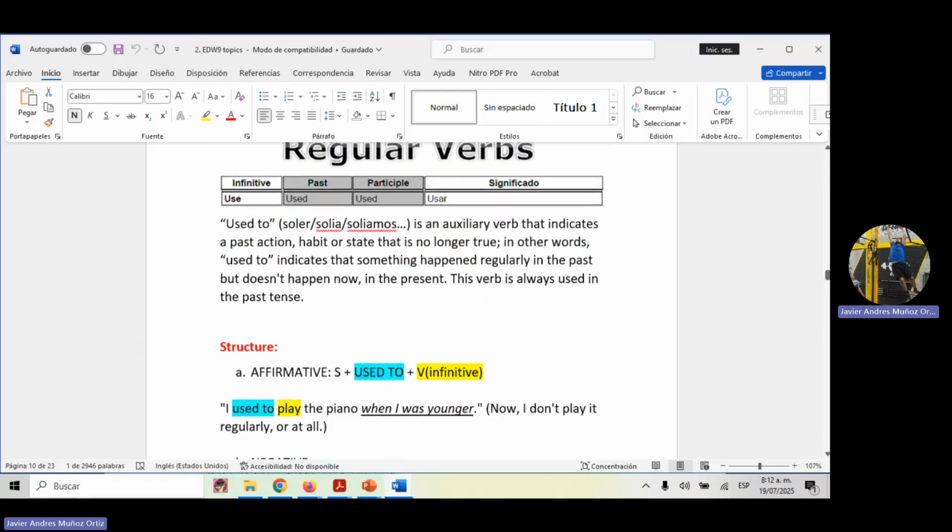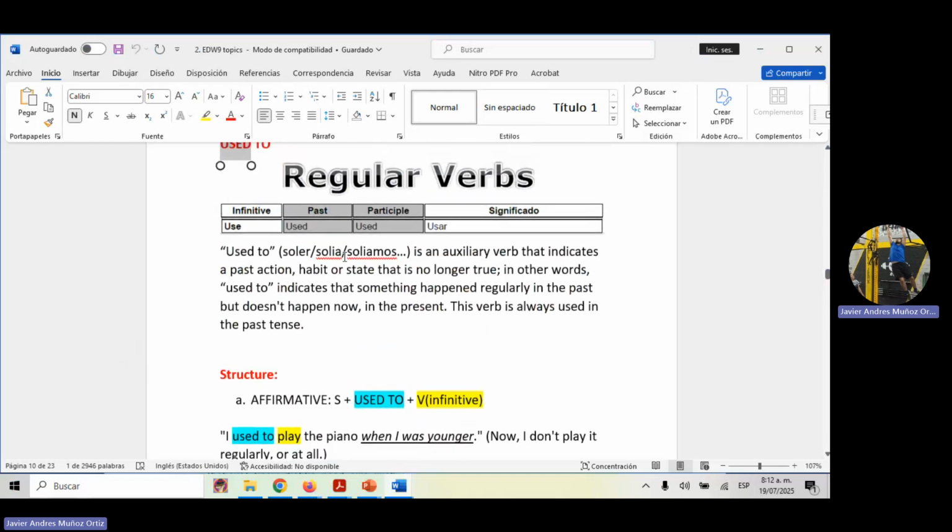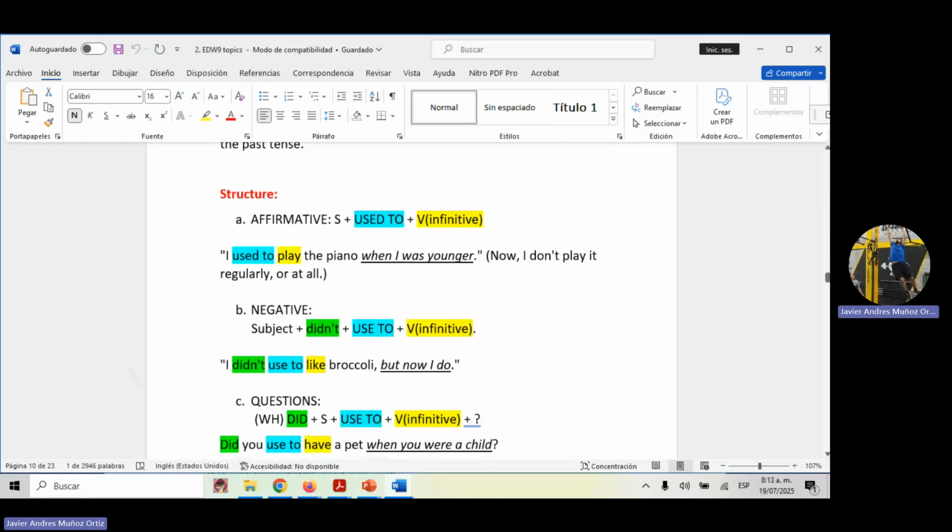But according to the translation we mentioned before, solía, solíamos, solían, we are going to need another verb, because we cannot just say "yo solía casa," for example, right? It doesn't have any sense. We need an alternative verb, an additional verb to make this verb work.